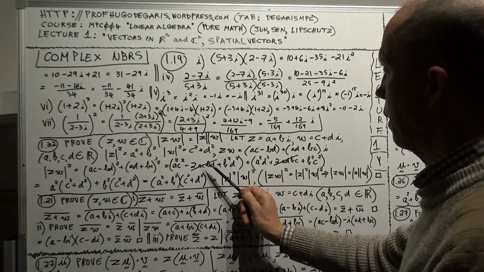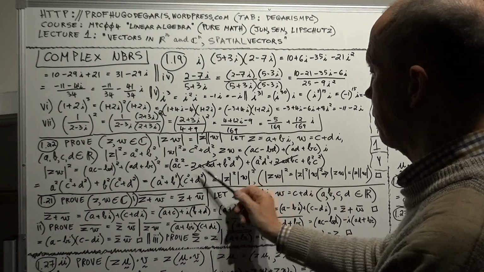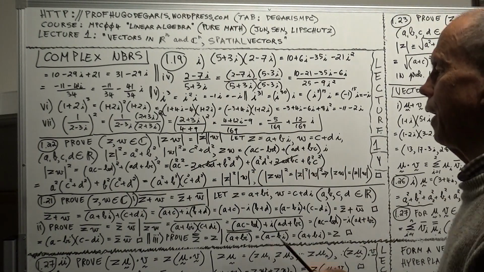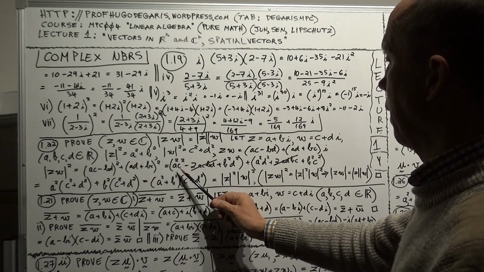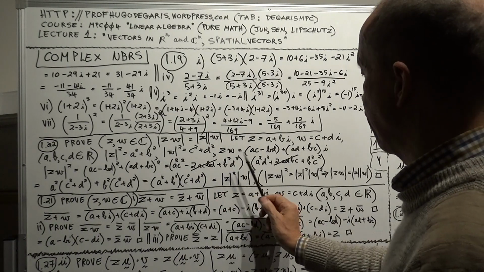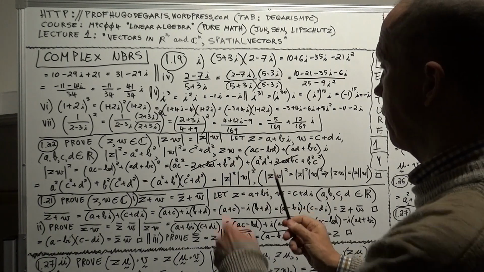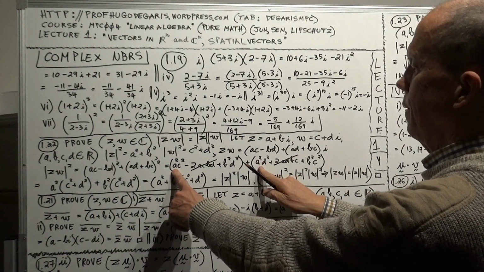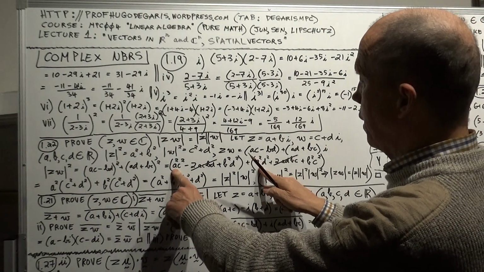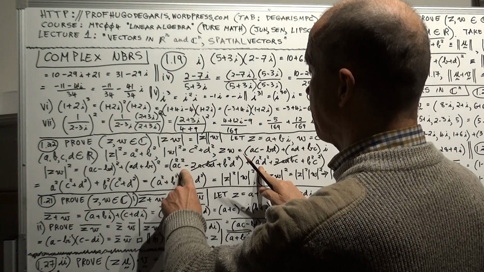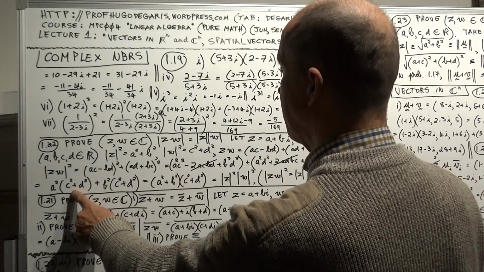Now these two cross terms are the same and opposite, so they cancel, and you're left with these four terms. These two terms have a squared in common, so take the a squared out and put c squared plus d squared in the brackets.